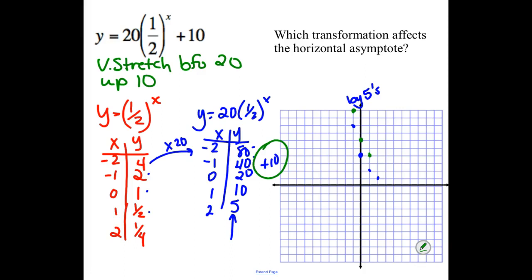We're just 2 spaces up from where we were. But now I'm not leveling off at 0 anymore. I'm leveling off at 10. So this horizontal asymptote is going to be here at 10. And my graph should be coming down and leveling off right above that.